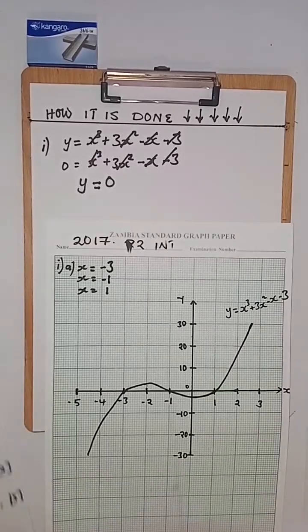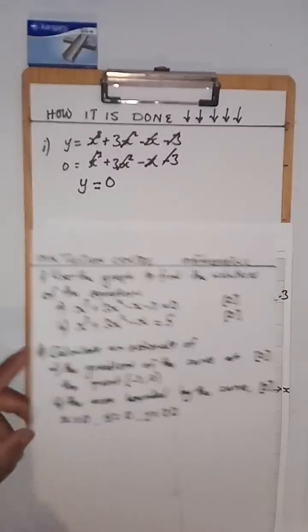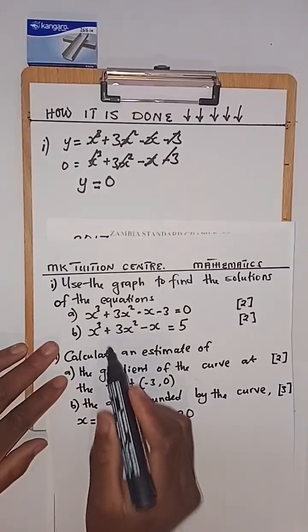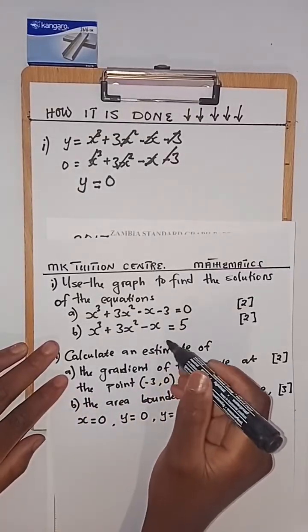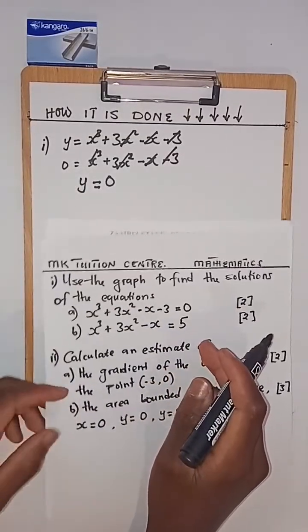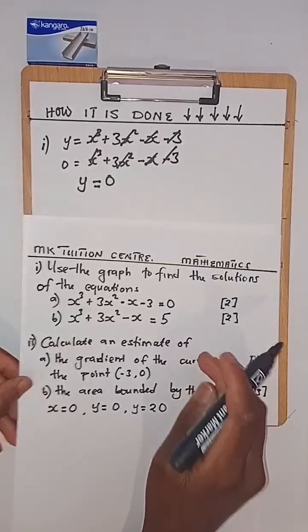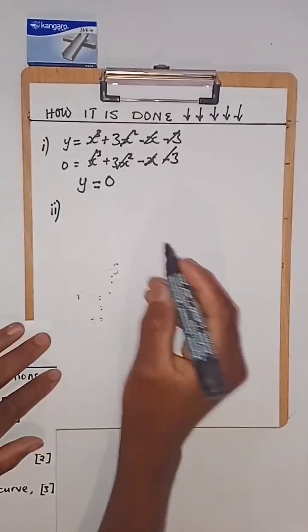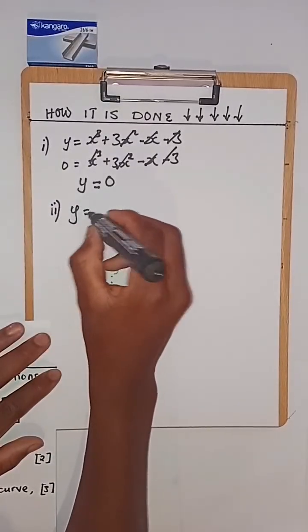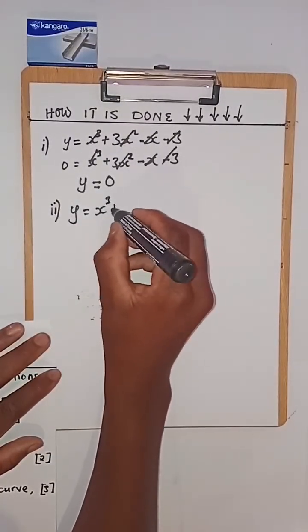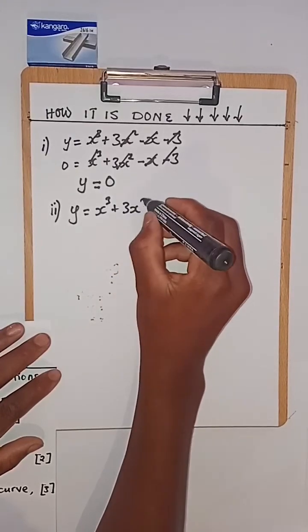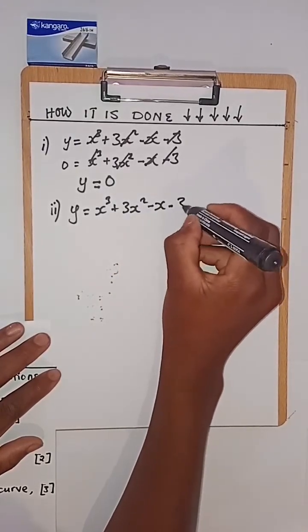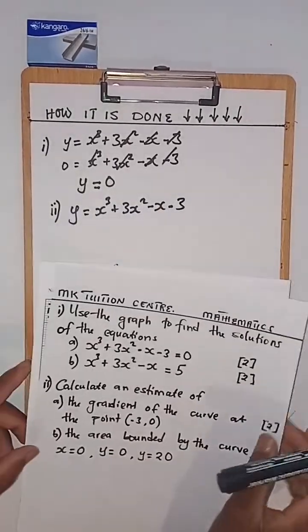Now let's go to the second one, which is b. We have x cubed plus 3x squared minus x is equal to 5. Now let's see how we can try to do this one. Okay, we're going to have the original equation, and then we're going to have this equation here.